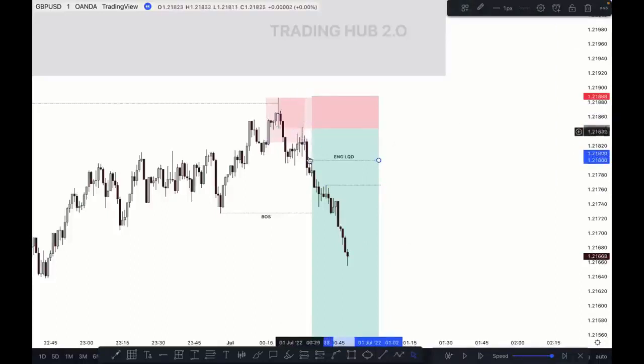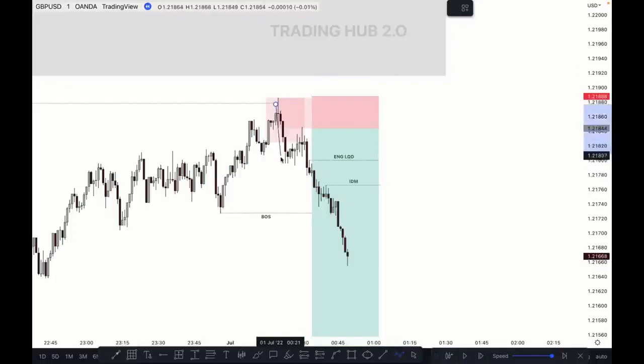I'm talking about this move, correct? I'm not talking about this one, because this is our minor structure like this. So this high must be taken out, and this is our inducement, and this is engineering liquidity.